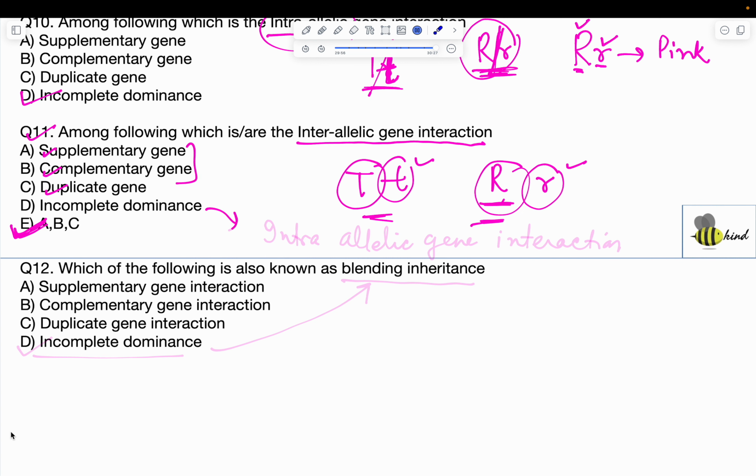Incomplete dominance shows intra-allelic gene interaction. Right? So next question is, which of the following is also known as blending inheritance? Blending means where the character is blended, mixed. So this happens in case of incomplete dominance. Right? So incomplete dominance is also known as blending inheritance.